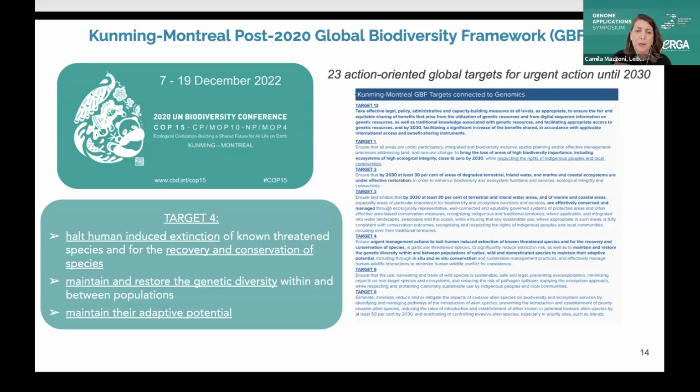So this aspect of looking at the populations within species is now highlighted and important as well, and maintaining their adaptive potential, which is maybe the most challenging part of this target if you think about how one can assess this. But there are ways that have been developed, at least to try to do this indirectly.